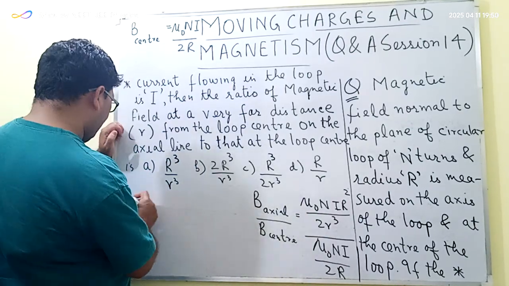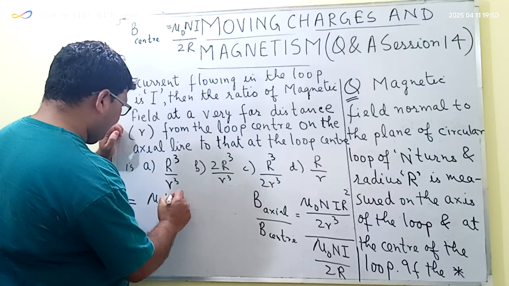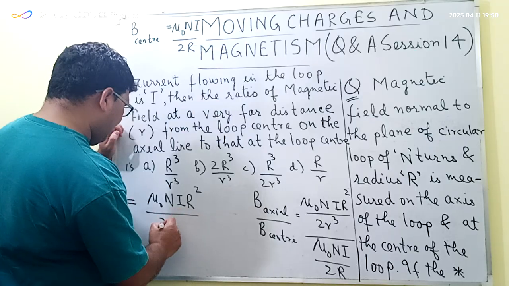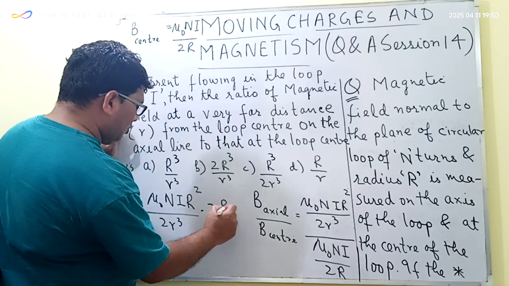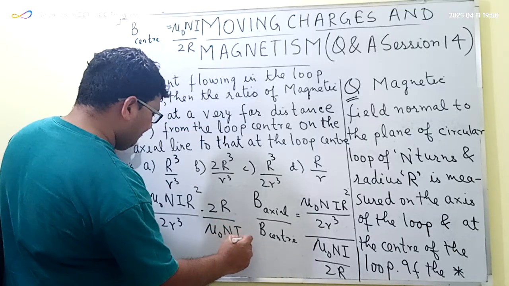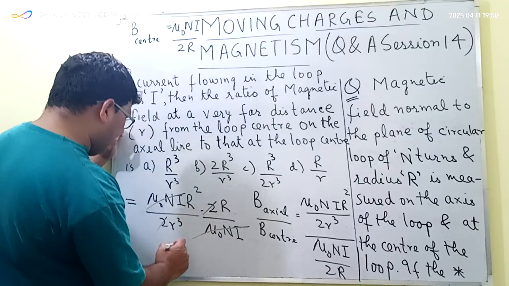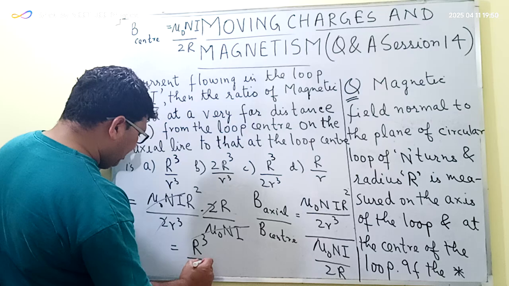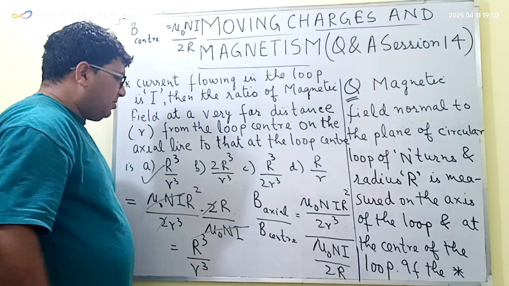So here this value will be equal to mu naught N I R square divided by 2 r cube into 2R divided by mu naught N I. From here this mu naught N I will get cancelled out. Here 2 and 2 will also get cancelled out, and finally the ratio is equal to capital R cube divided by small r cube. So here the correct option is A.